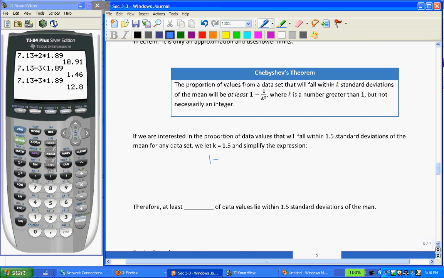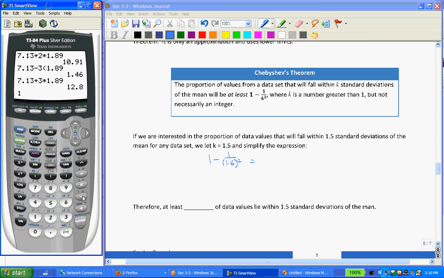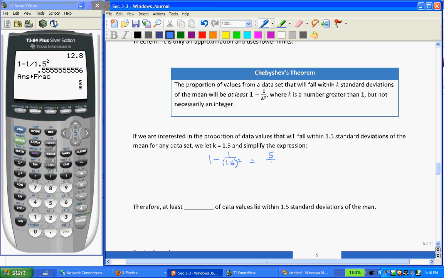So I take 1 minus 1 over 1.5 squared, and I'll throw that in my calculator. And I get 0.556, which I prefer a decimal for a number like that. So if you hit math and the first entry, arrow fraction, that'll turn that into a fraction for us. So that's 5/9. But if you prefer, you can write the decimal. They're equivalent. That's fine.